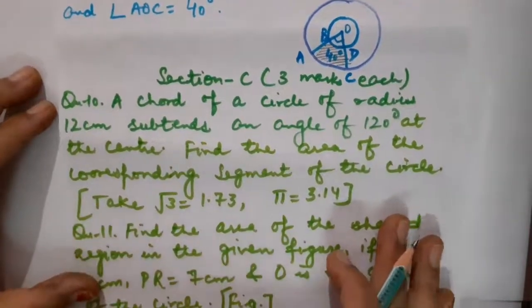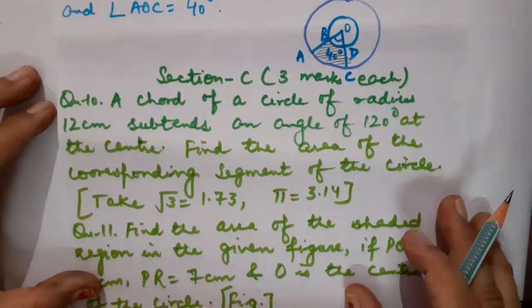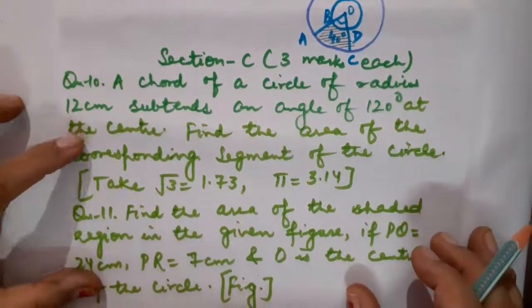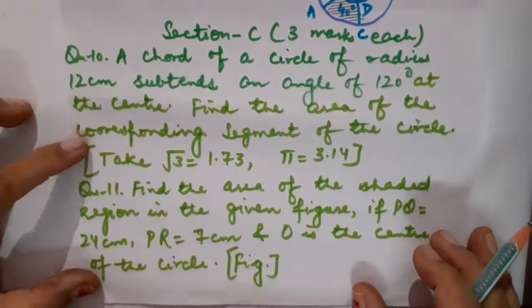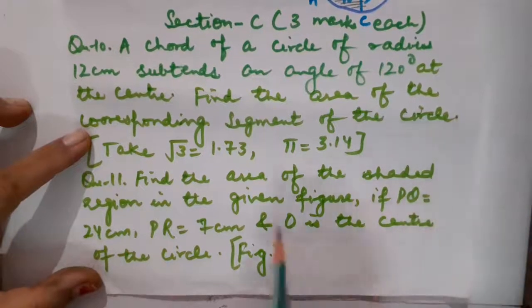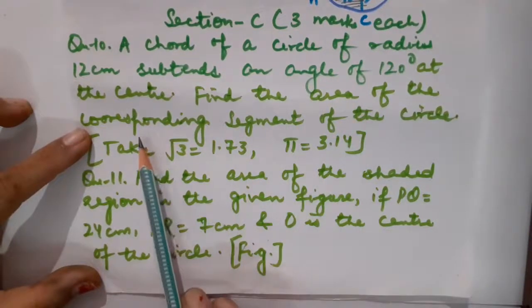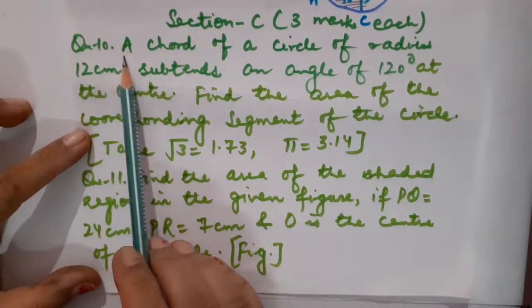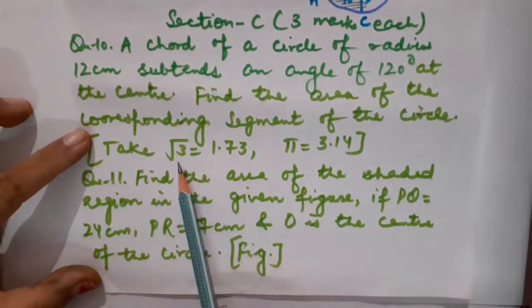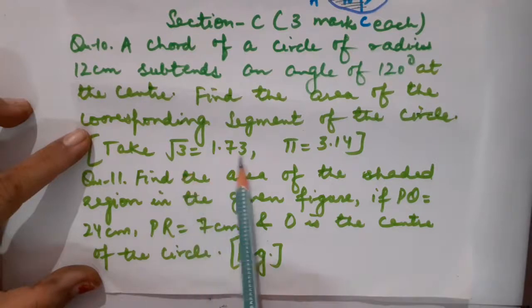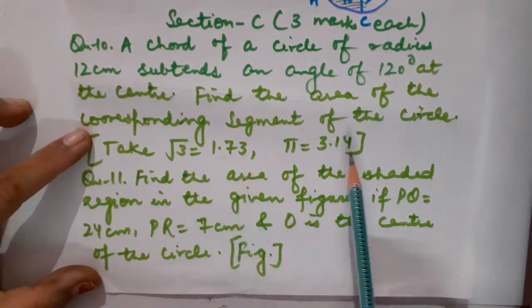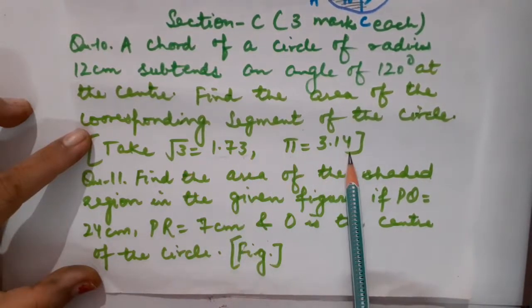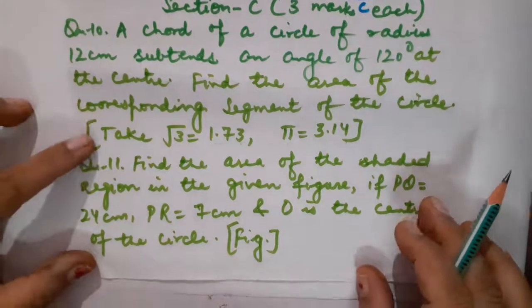Now children, I am going to switch to section C. After calculating the area of the corresponding segment of the circle in question number 10, suppose in the answer you get √3, then you are supposed to put this value as well as the value of pi which will be used in this question, that is 3.14.